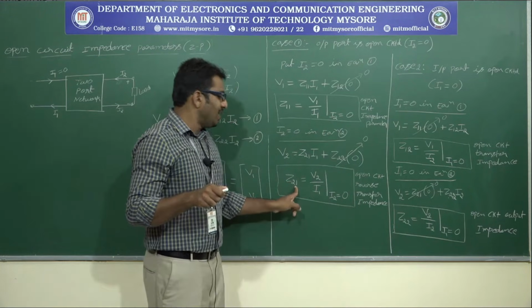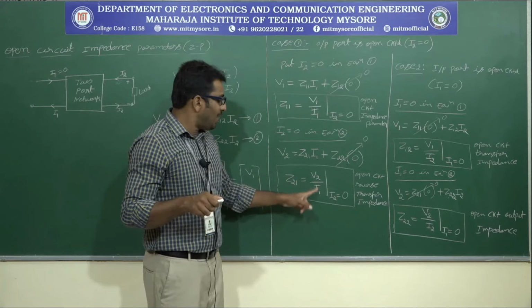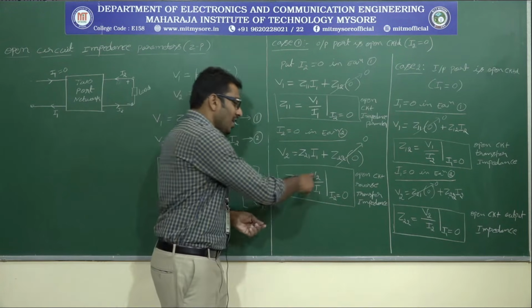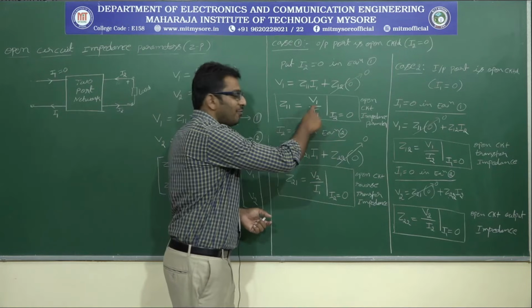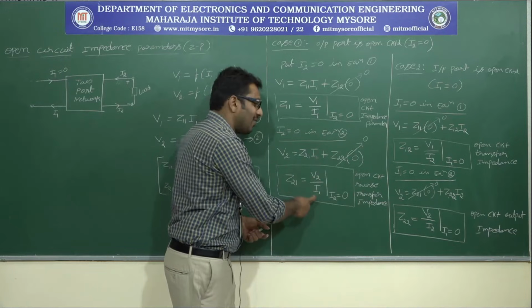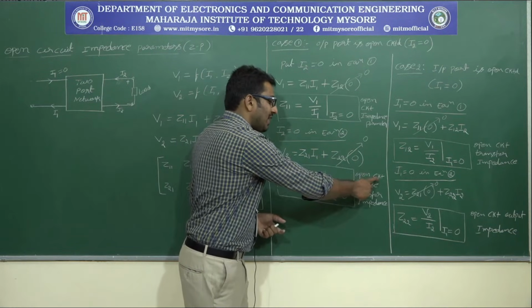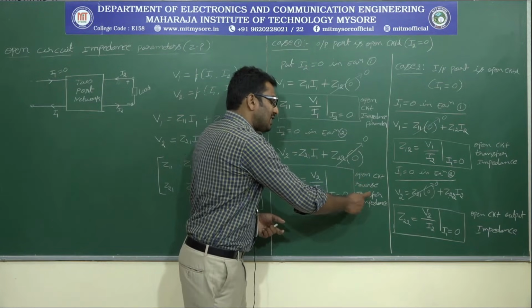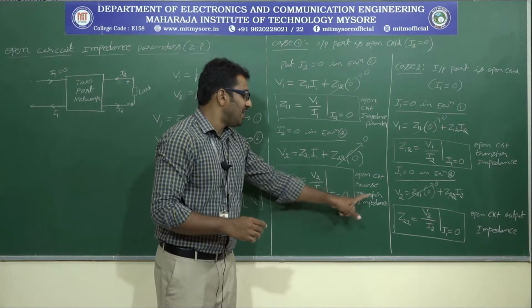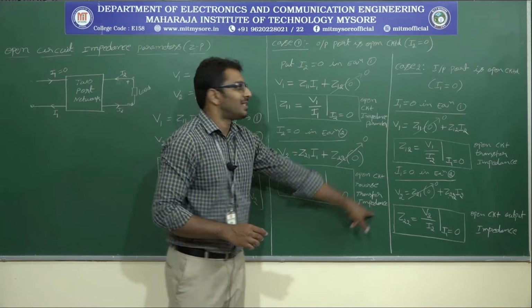Similarly, Z21 is equal to V2 by I1 at I2 is equal to 0. In the first case V1 by I1, V2 by I1 is known as open circuit reverse transfer impedance.